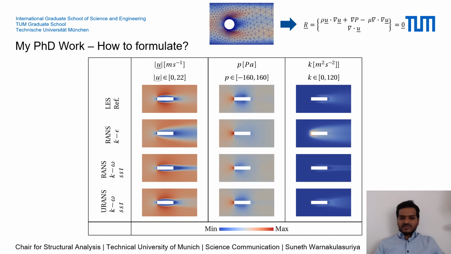From this table you can see that different types of formulations give different types of wind fields for this rectangular flow around problem. It is important to know what these differences are, because if we are going to make decisions based on this, we need to know the drawbacks and advantages of each formulation and how to be efficient in whatever use case we want. So this is also part of my thesis.